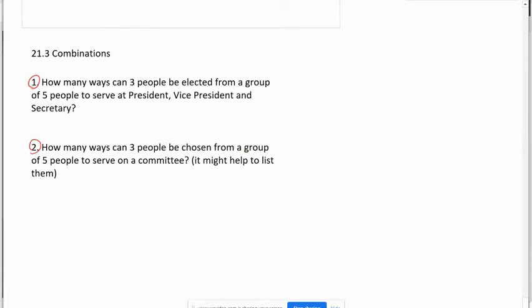So we still have 5 people available, and we're choosing 3 people for the committee, but not for specific jobs like president, vice president, and secretary. We're just looking for a 3-person group. You can explore that and see how many different groups you can come up with. So pause your video, try those 2, and then press play when you're ready to check your answers.